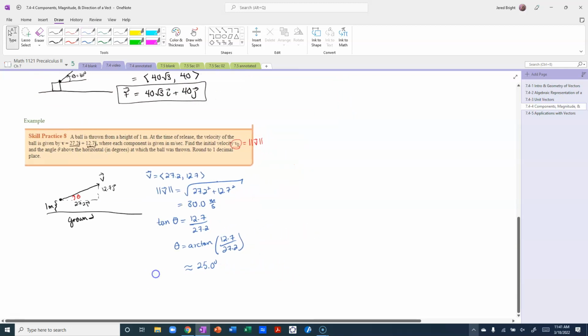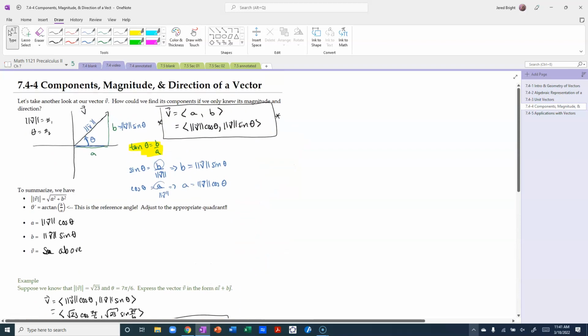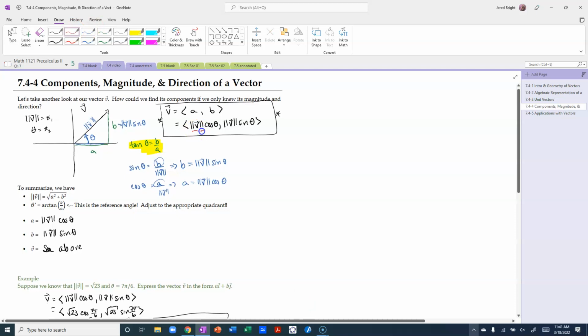But the big takeaways here are that we can find the component form based on the direction and magnitude as magnitude times cosine theta for x and magnitude times sine theta for y. And then we have all these other properties. So that kind of summarizes a lot of our learning with vectors.